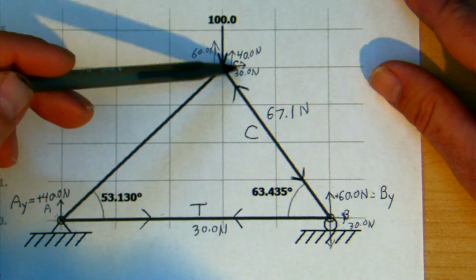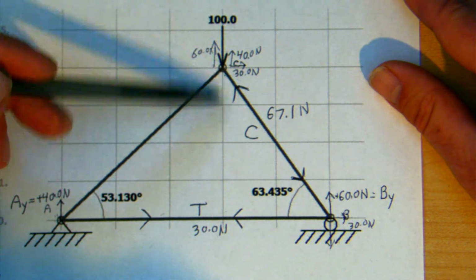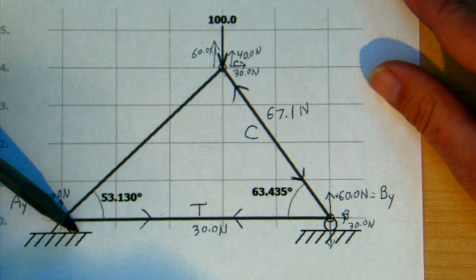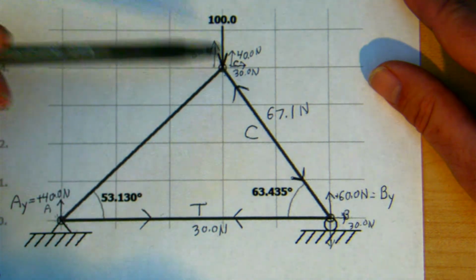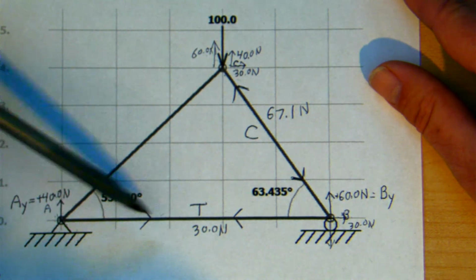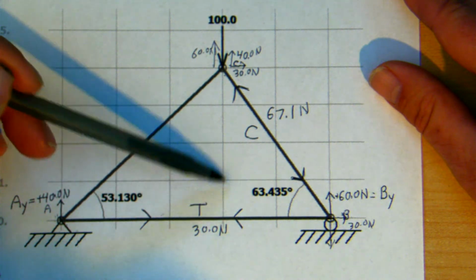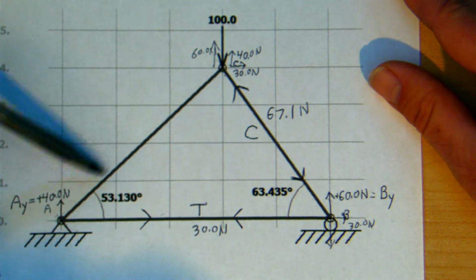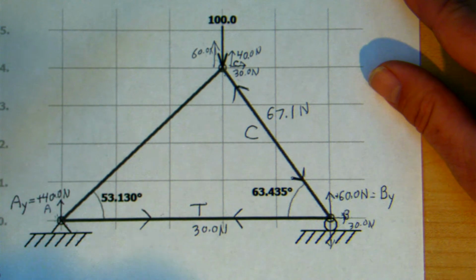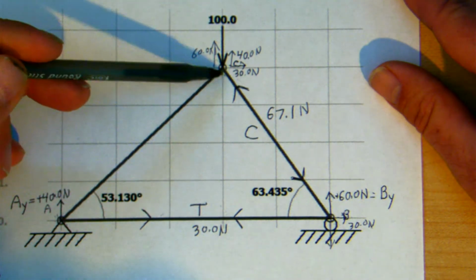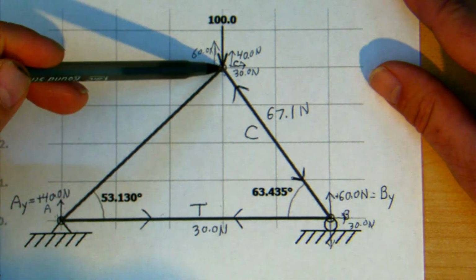How do I know that I don't need this? Because the ratio of vertical to horizontal to hypotenuse is a 3, 4, 5 right triangle. 3 squared plus 4 squared is equal to 5 squared.